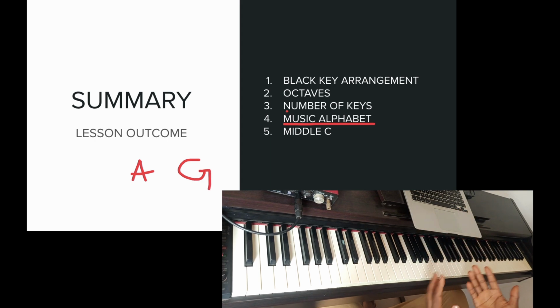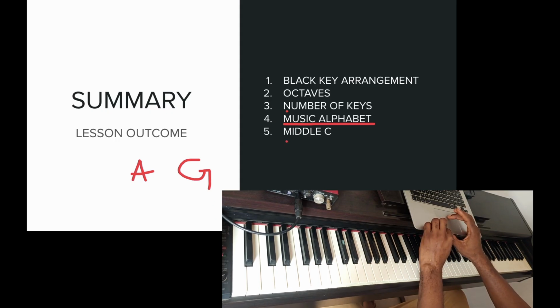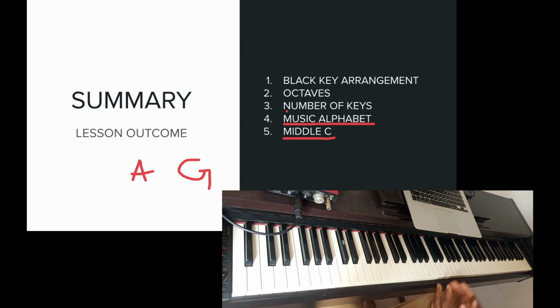And since you know intuitively that this is C, because it's the white key before every set of 2 black keys, if this is C, then this is D, E, F, G, A, B. Then we start over. This is C again. Then lastly, I showed you where middle C is on the keyboard. This right here is middle C. C4 is middle C.